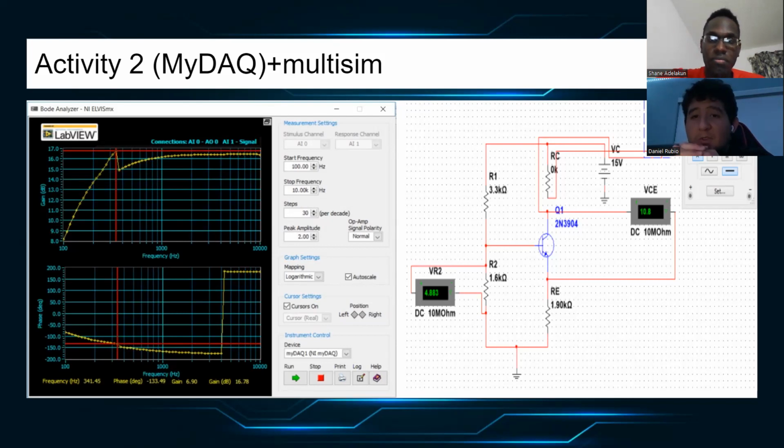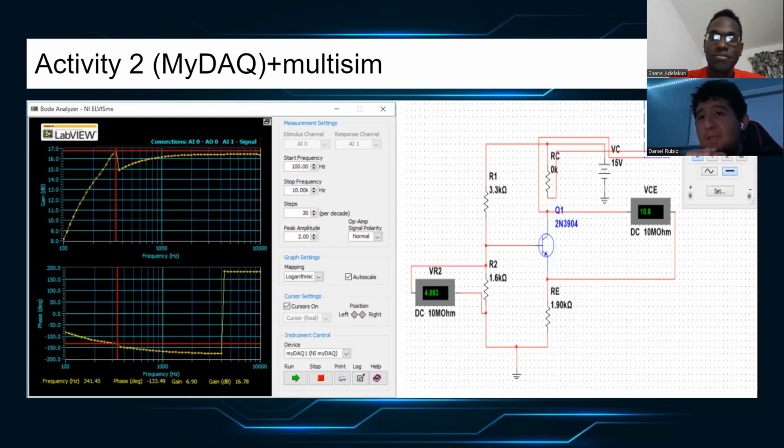For the bottom, we have the results decreasing to almost 0. No, I'm sorry, the value went to a negative value, almost touching 200 for phase, around 5K frequency in hertz.